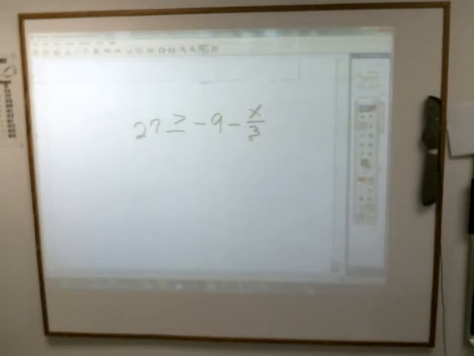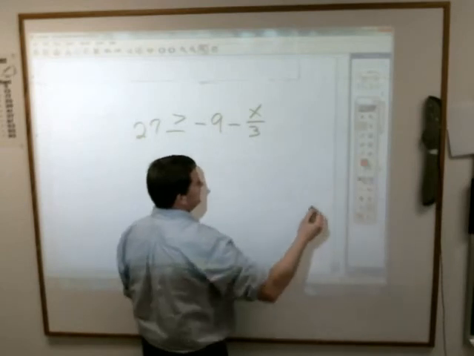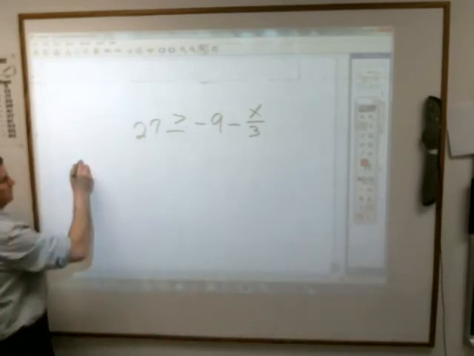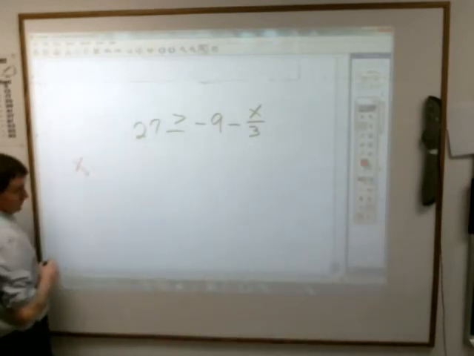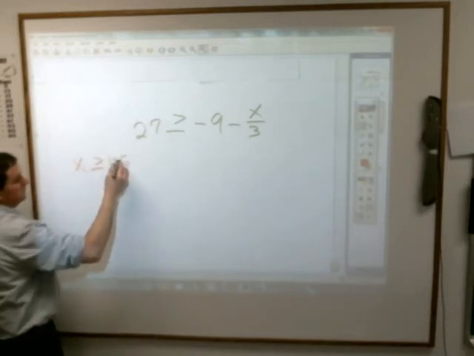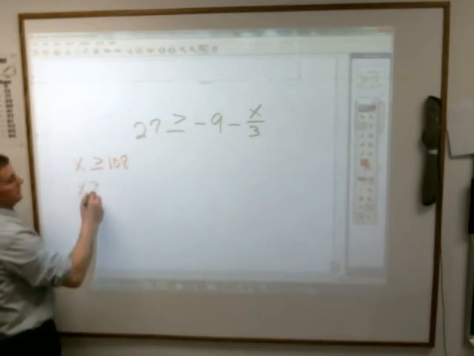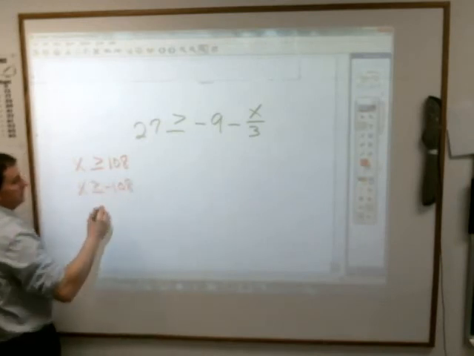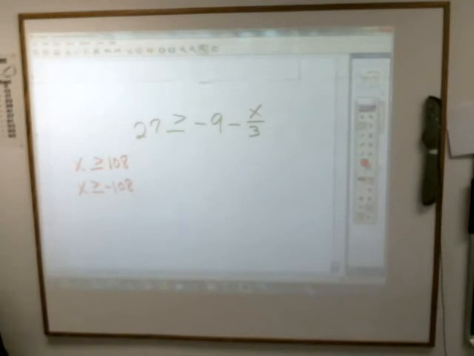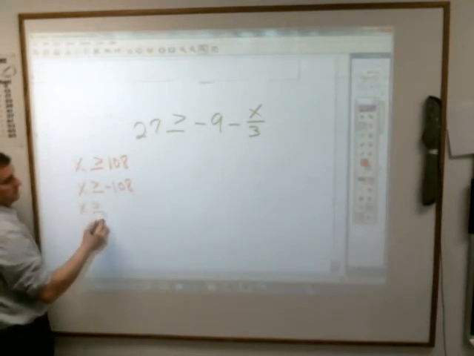Let's see what Jackson Torok says. Anybody else on that one? We've got a half and half. Nick says X is greater than or equal to -108, anybody get that? Lauren says X is greater than or equal to -80.